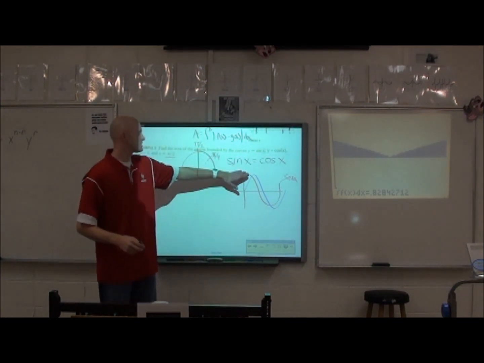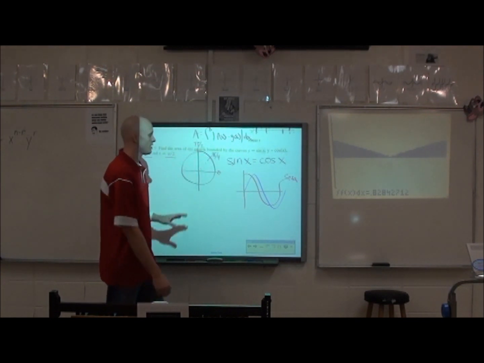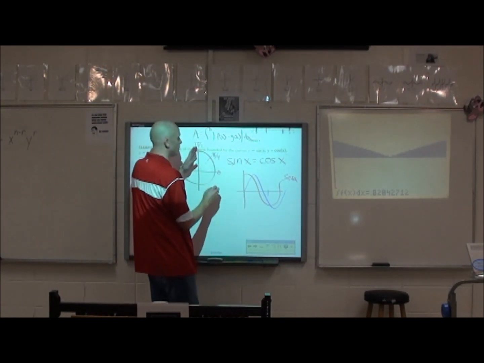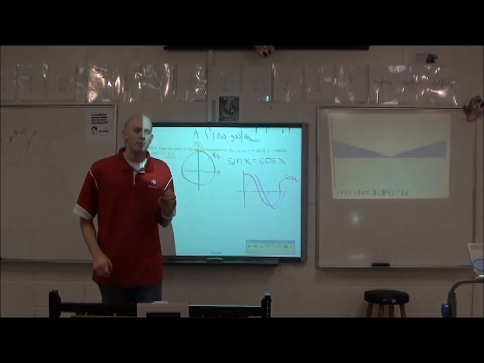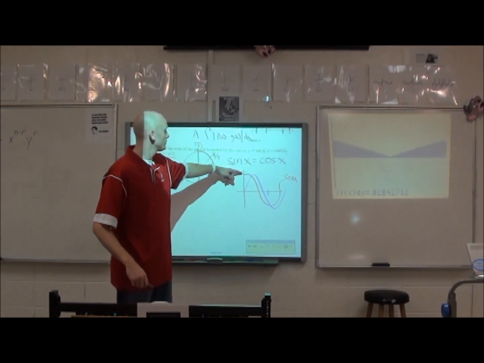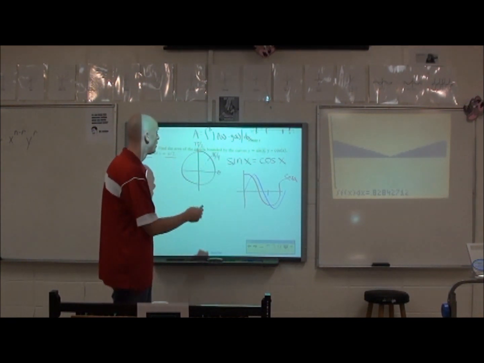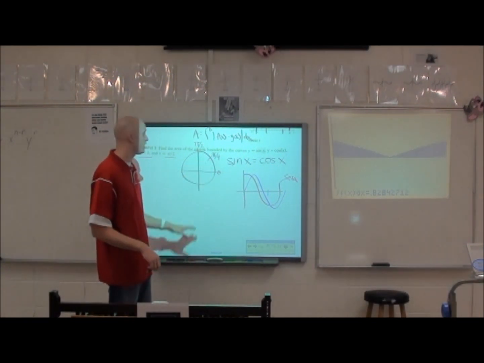We know that starting out from 0 to pi over 2, if this is pi over 2, cosine starts out as the top curve. That's a horrible sketch, but you get the idea. Cosine is higher than sine. So from 0 to pi over 2, there's only one place where they change, and that's at pi over 4.